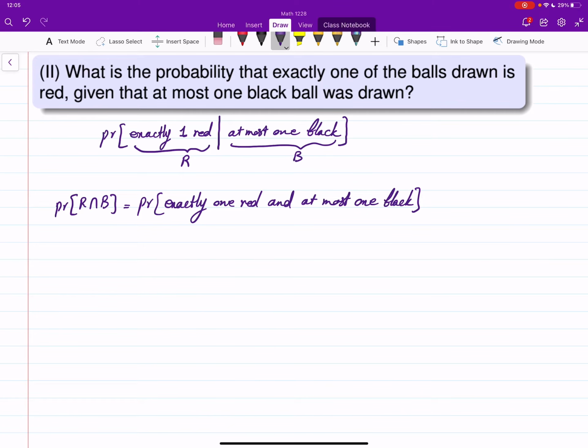So I can use the tree, separating in different cases. So it will be exactly 1 red and no black. That will be one case. The other case would be exactly 1 red and exactly 1 black. And these are 2 different cases.